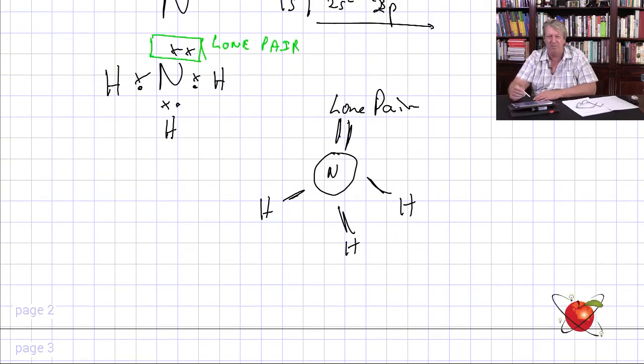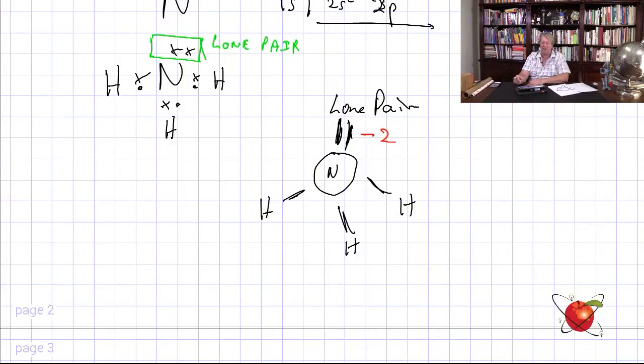So what actually happens here is that these electrons here are permanent. Just conceptually, this has got 2 electrons, so let's say that's got a charge of -2. Just in order to explain it.